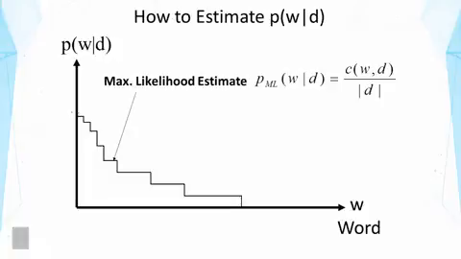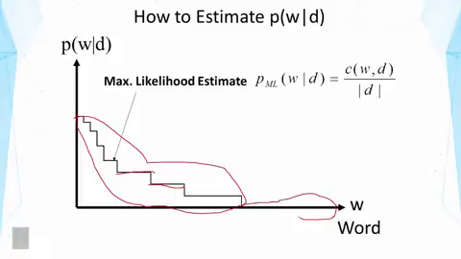This is a step function here, which means all the words that have the same frequency count will have identical probability. Right? This is another frequency count that has a different probability. Note that for words that have not occurred in the document here, they all have zero probability.